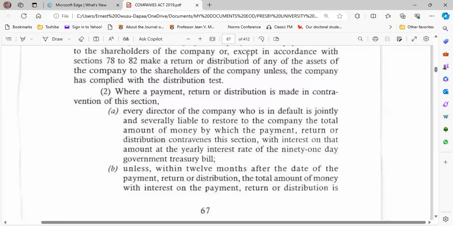And interest will have to be paid on it using the 91-day government treasury bill.